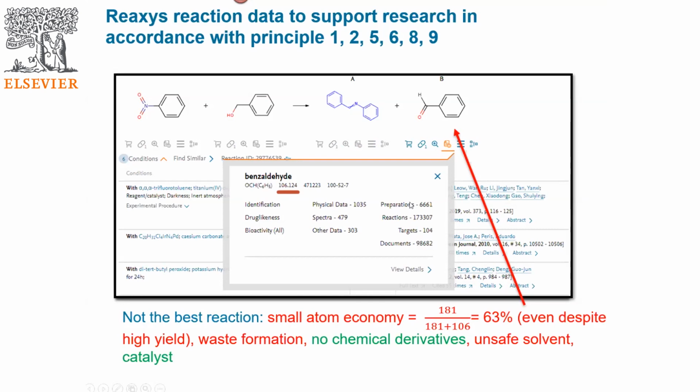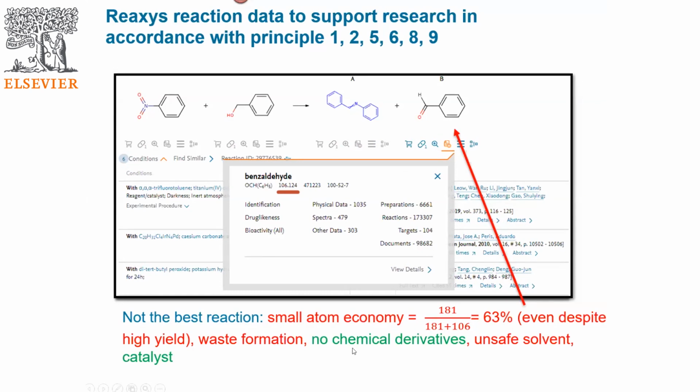So as you see, the yield is not taken into account in the atom economy equation. So this one is not the best reaction, despite the high yield. In addition to that, we can see that this reaction gives us some waste.